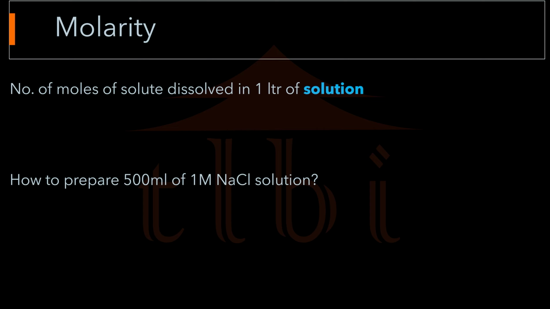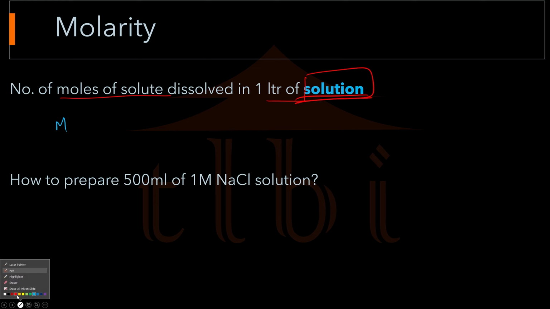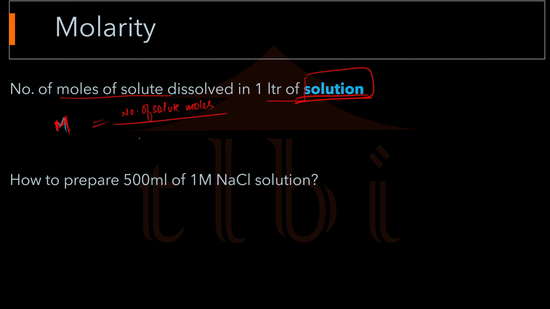Okay. So molarity is number of moles of solute dissolved per liter of solution. Okay. It's solution, not solvent, right? So the formula of molarity is number of solute moles divided by volume of solution.